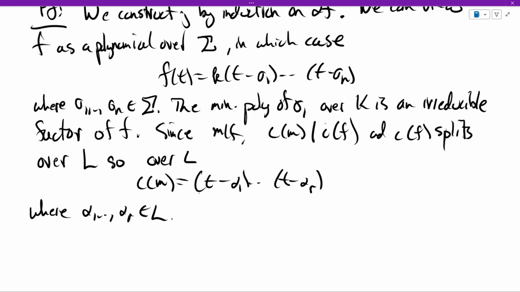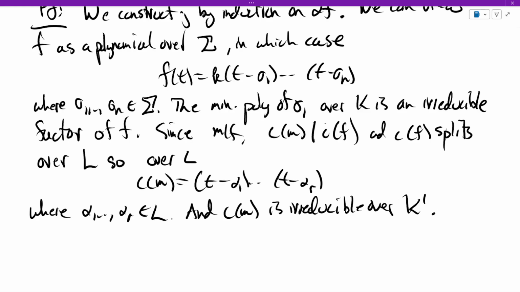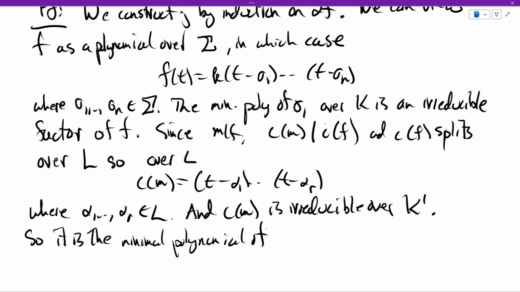Iota was an isomorphism, and m was irreducible over K, and so iota of m is irreducible over K prime. So it is the minimal polynomial of each one of these alphas. I'm just going to single one out: it's the minimal polynomial of alpha 1 over K prime.